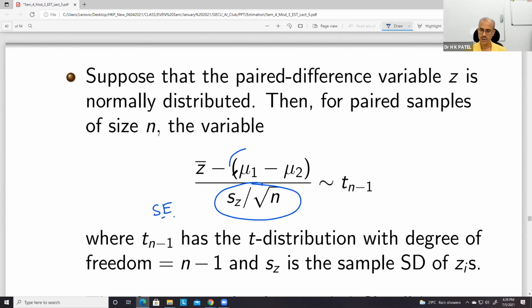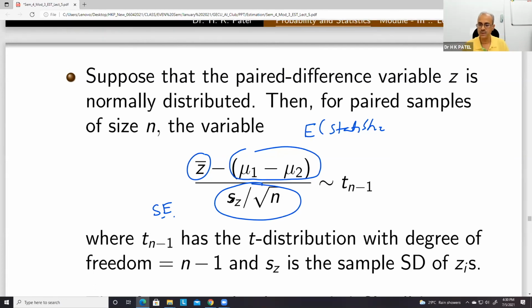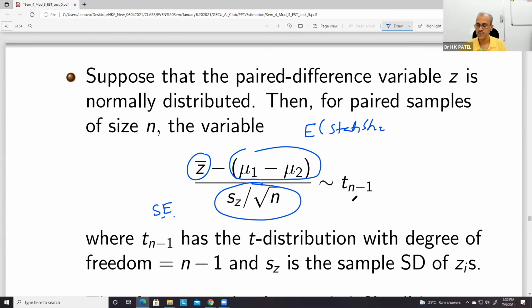In this case, because we are using the sample standard deviation, this is not a Z distribution but a T distribution having n minus 1 degrees of freedom.